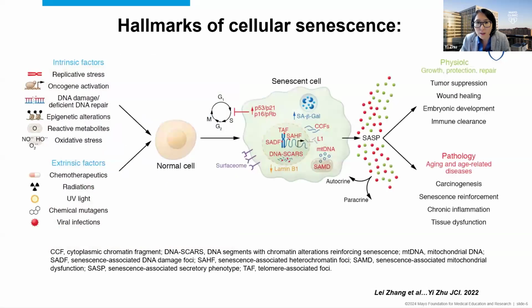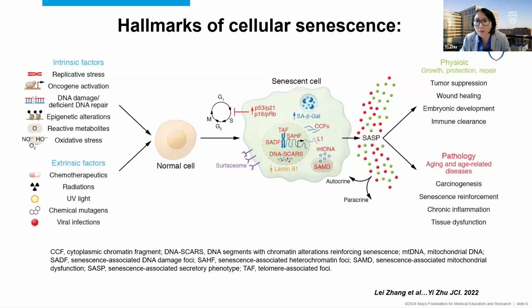And what is cellular senescence? Cellular senescence is basically a cellular state. When healthy normal cells receive stresses from either internal or external sources, such as replicative stresses, oxidative stresses, UV light, or chemotherapeutic drugs, they will respond to those stresses.